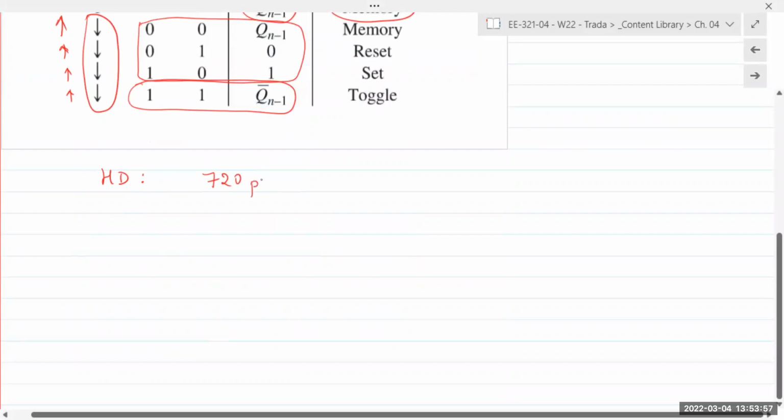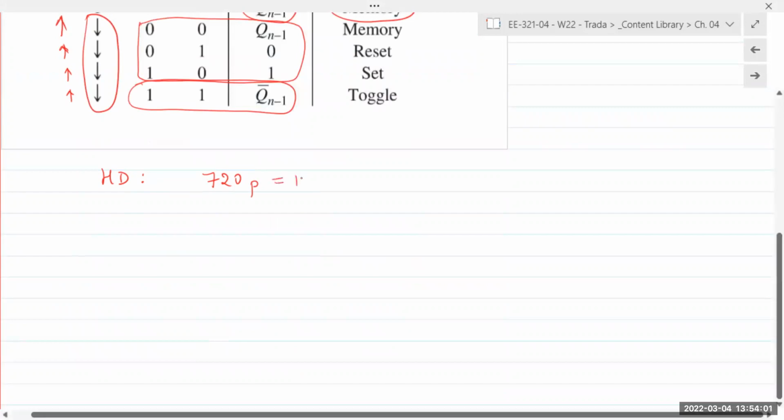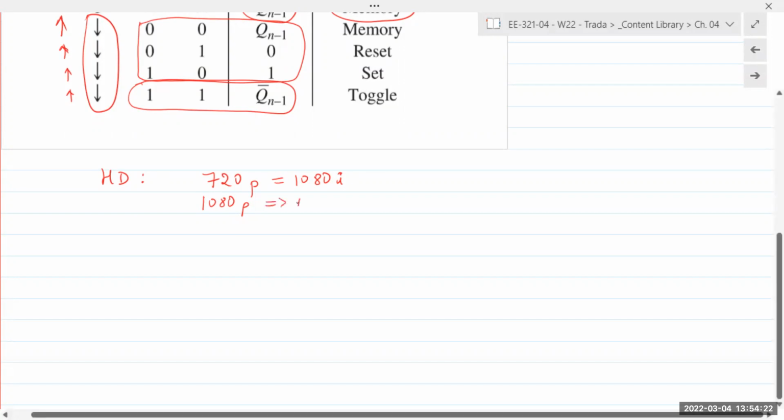That has to do with interlace and progressive. So 720p was equal to 1080i. And if you had 1080 lines of progressive, it was 1080p, hence the name. They would call 720p HD. Unofficially, it was half HD, and 1080p was full HD.